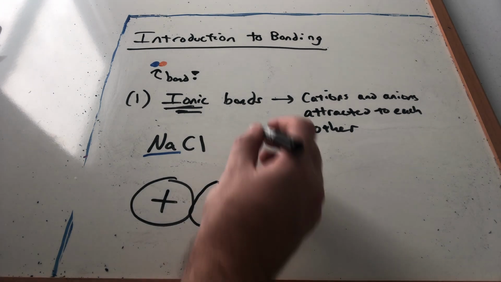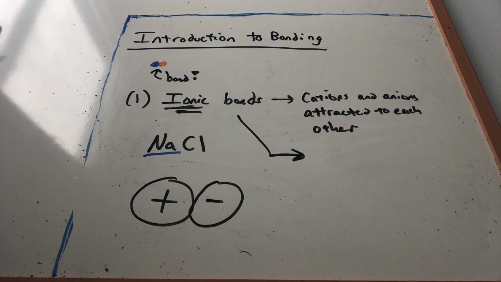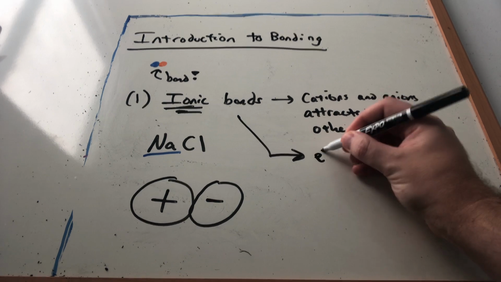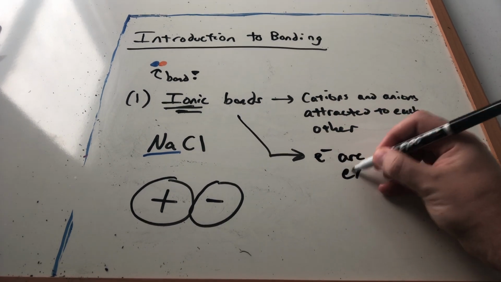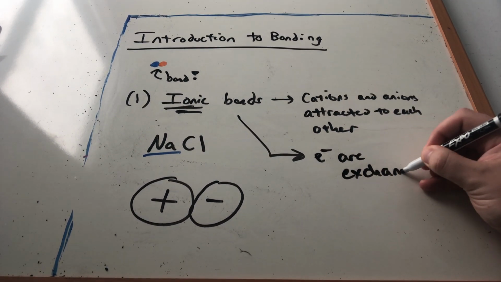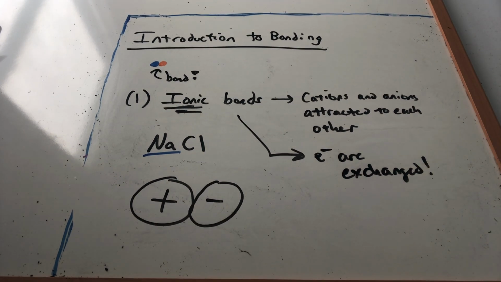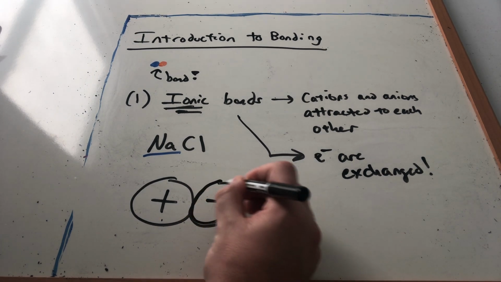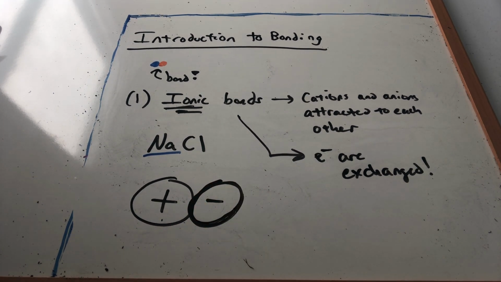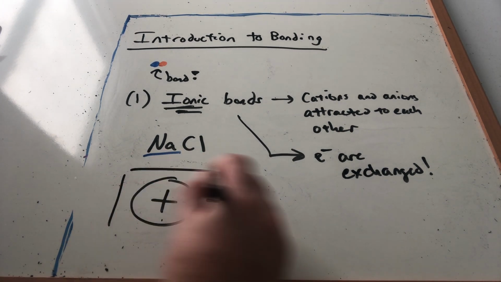So for ionic bonds, the way that we want to view their formation is electrons are exchanged. Metals want to be positive, and so they'll give up their electrons to non-metals that want to be negative. And then what you'll have is a balance of charge in the whole entire structure.